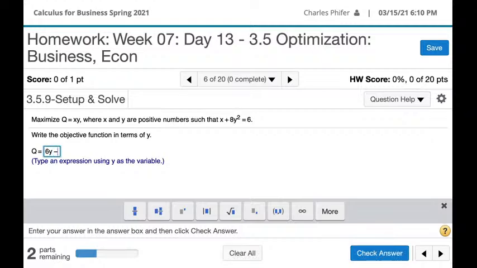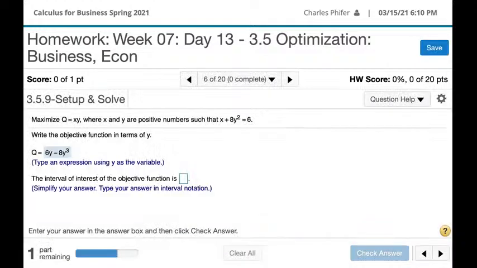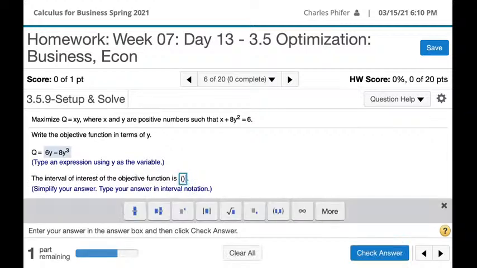Okay. The interval of interest of the objective function. So y has to be positive, so 0 to infinity in parentheses, let's see how this goes, okay, because y has to be positive.